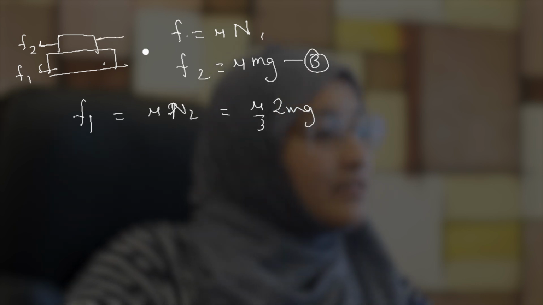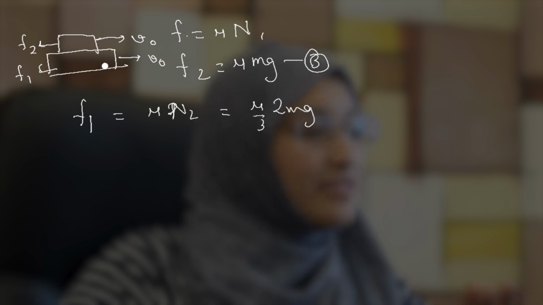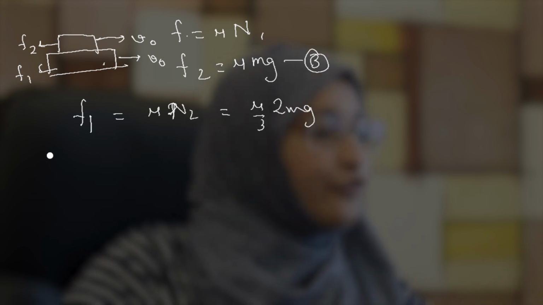Now, let us say that we are applying a velocity v0 on both the blocks. If both the bodies are moving with the same acceleration, then they will move in the forward direction together. So let us check if both the bodies have the same acceleration or not. For that, let us say we are applying acceleration in the right hand direction.